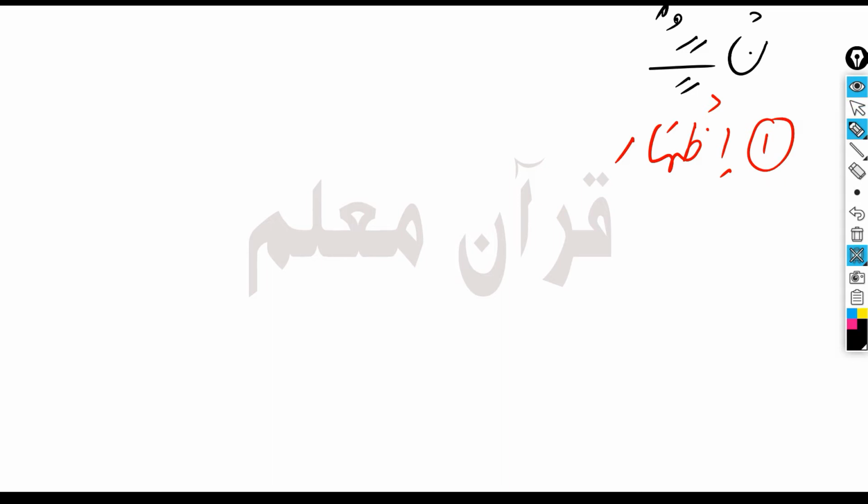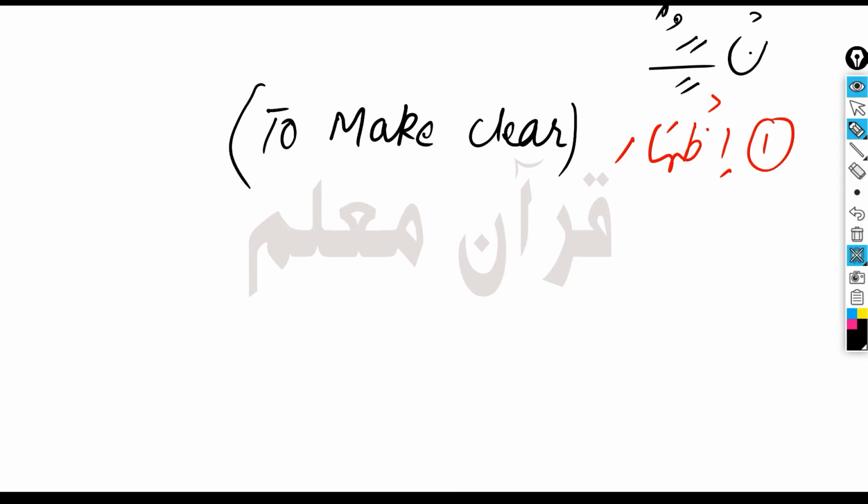The meaning of izhar is to make clear. What to make clear? Actually, izhar means to show, to make clear, to do nothing, to read it without any change.